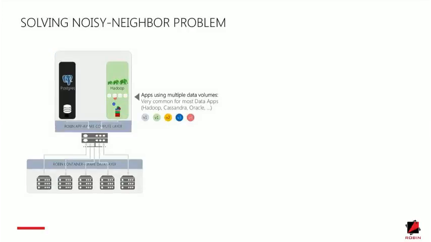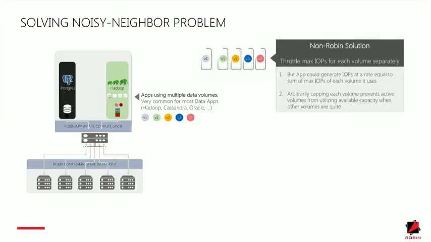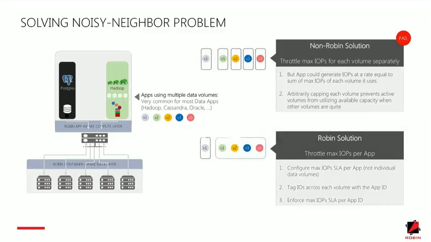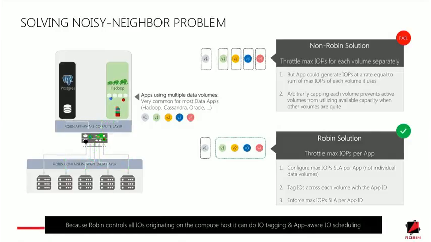Now, this is a problem for the Hadoop system. Usually applications have multiple data volumes, and this is very common for all data applications. Without Robin, you have to set IOPS for every volume that you attach to a container. But in Robin, we work on the application itself and allow you to throttle max IOPS per app.